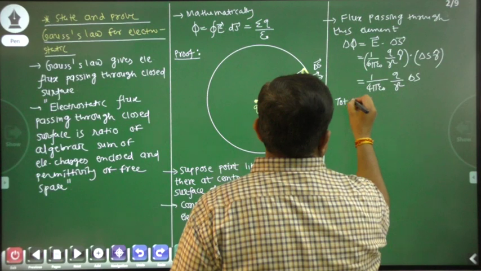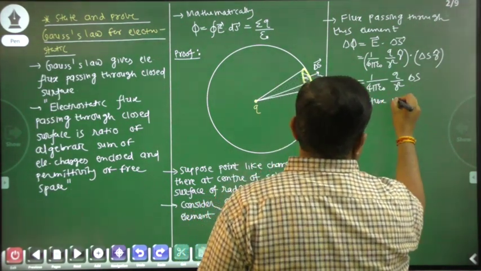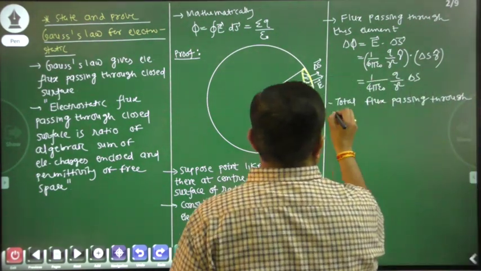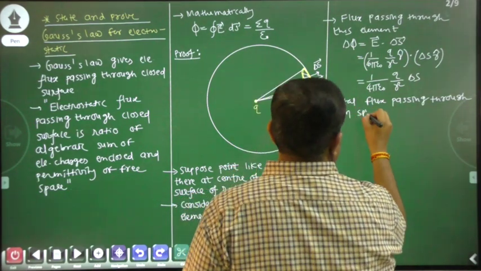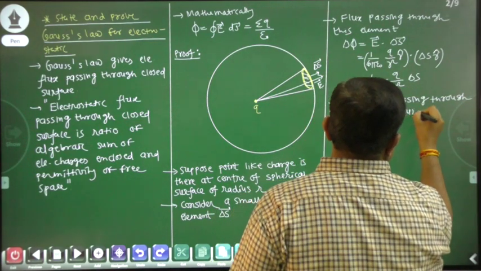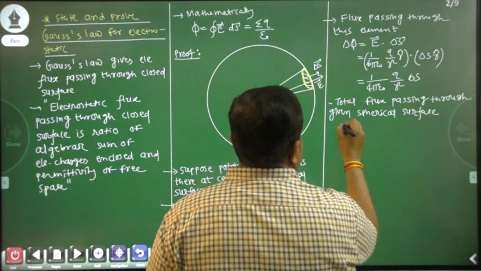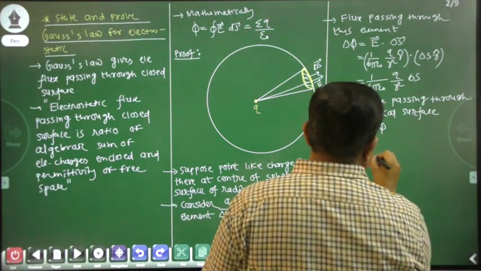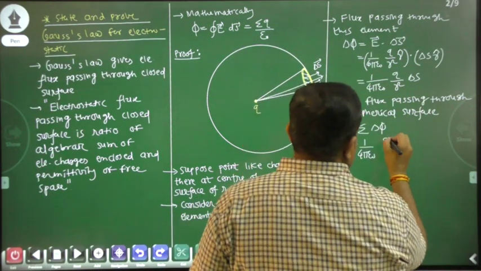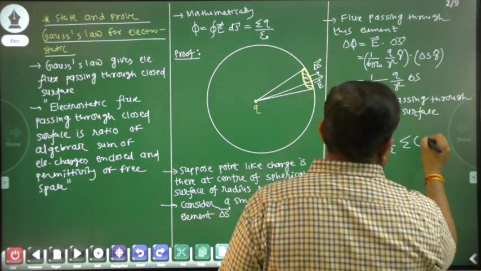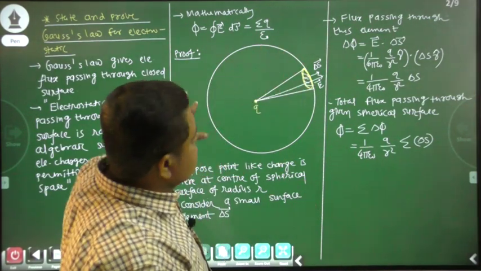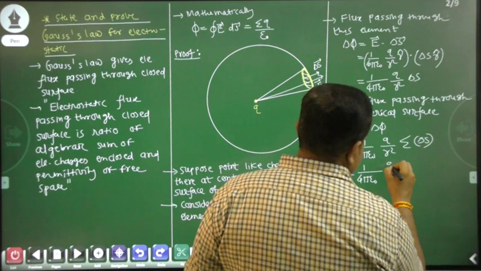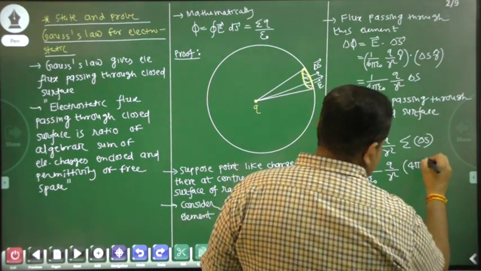So therefore total flux passing through the given spherical surface phi is summation delta phi. So 1 upon 4 pi epsilon naught q by r square, these are all constants, outside, summation delta S. Now if I add all the elements, I will get the total area of the surface. So 1 upon 4 pi epsilon naught q by r square and this will be the total area of the surface.